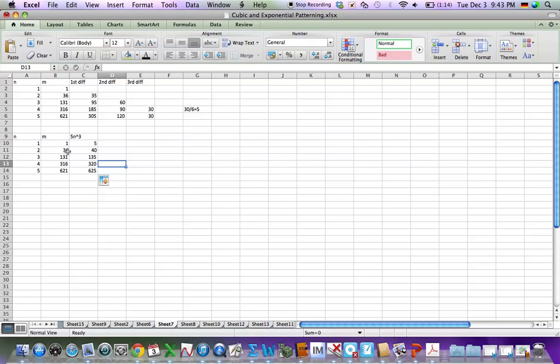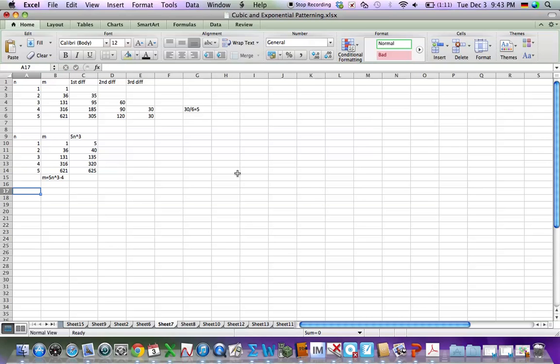And again, I'm just going to compare these. And hopefully you can see that these numbers are 4 less than these numbers. So the formula for this is m equals 5n cubed minus 4.